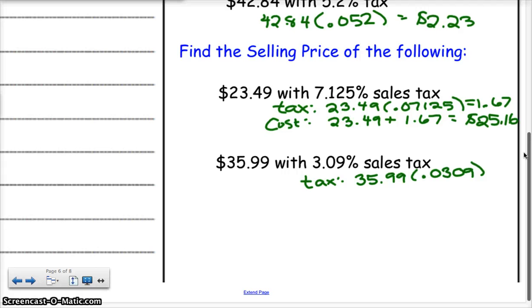That's $1.11. And then my cost is what the ticket price was, the $35.99. Add to it the $1.11. $37.10 is what I'm going to pay.